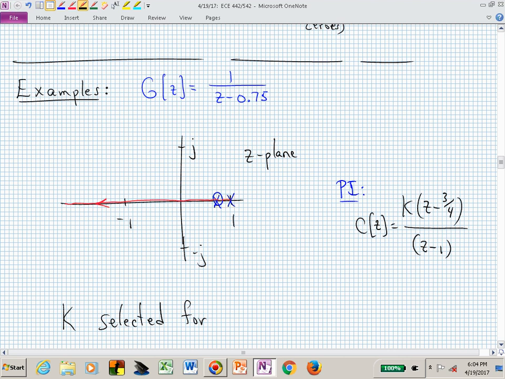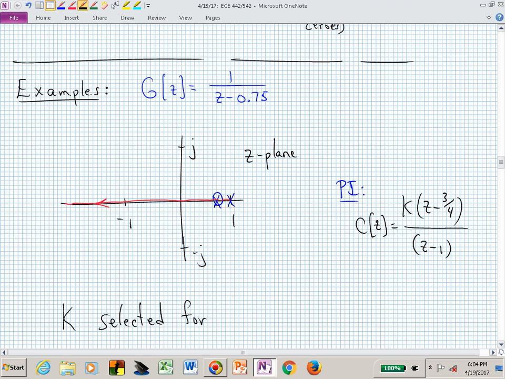Or what are you wanting K to achieve? Or what does K do for you? K now moves you along that red line, correct? And that red line shows you all the potential closed loop poles for this choice of controller and that plant with this proportional control, or this K adjustable.